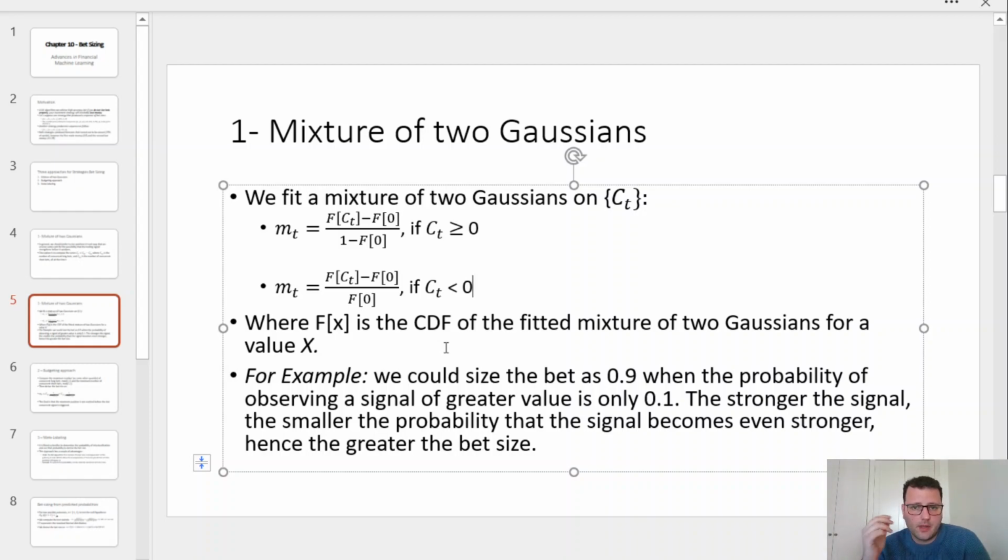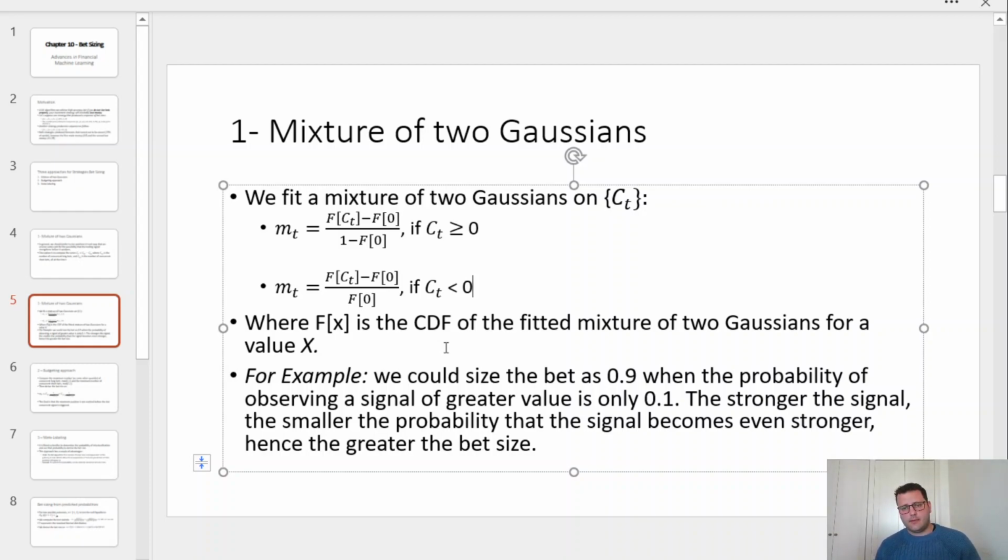So for example, we could size the bet as 0.9 when the probability of the observed signal is only 0.1. The stronger the signal, the smaller is the probability that the signal becomes even stronger. Hence, the greater the bet size. So that's the rationale behind this.